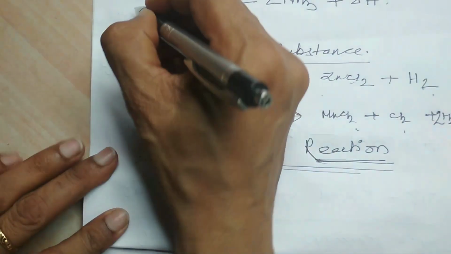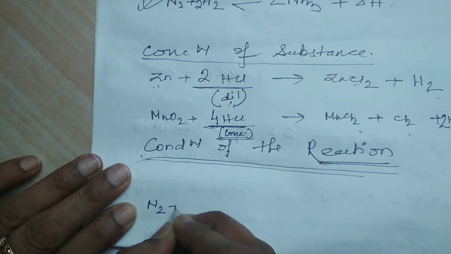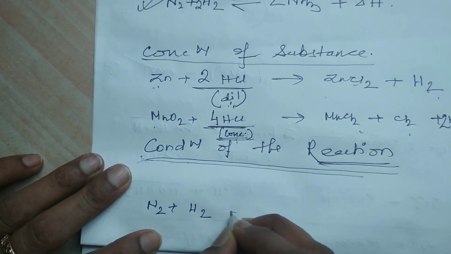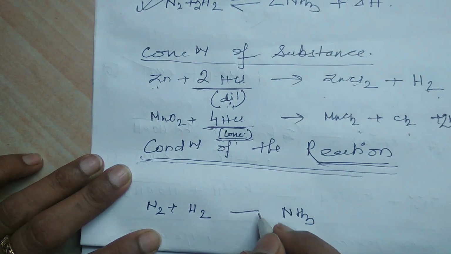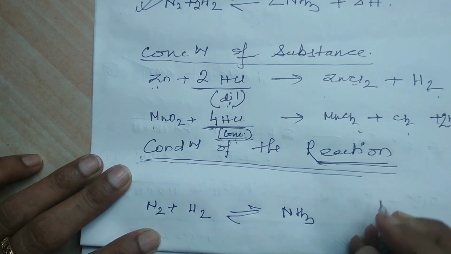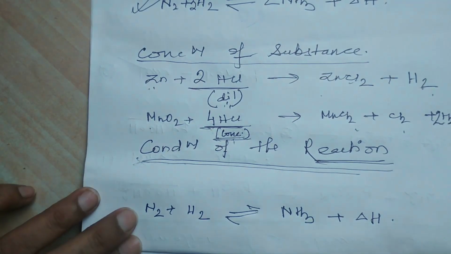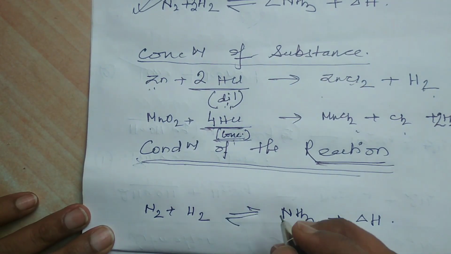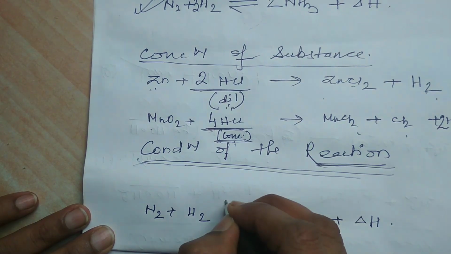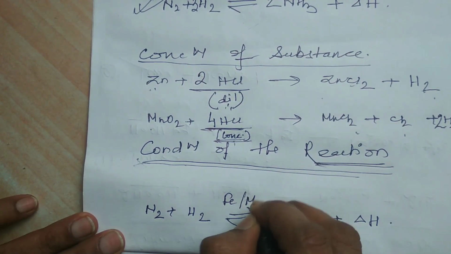Take the same reaction, the preparation of ammonia. I write nitrogen reacts with hydrogen and gives NH3. To make it more informative, it is reversible, so I have to give this sign. This is exothermic, so I have to write this. And for the condition, iron acts as the catalyst and molybdenum acts as the promoter.